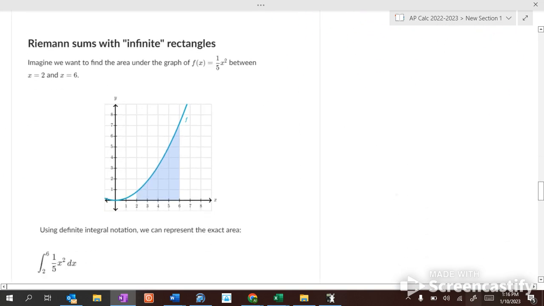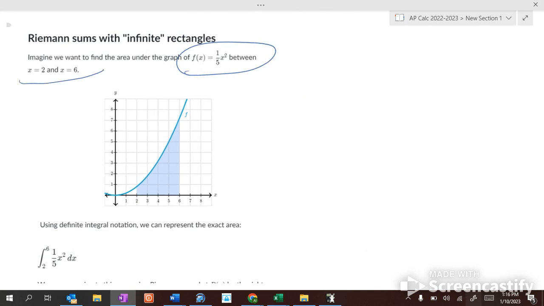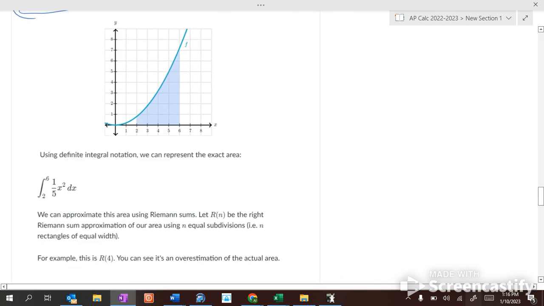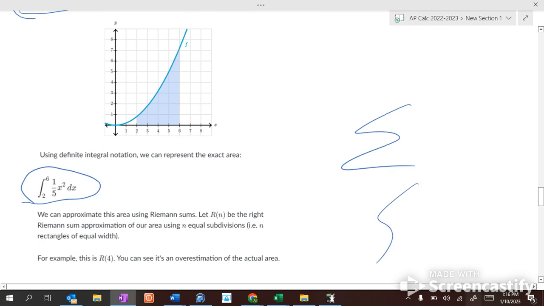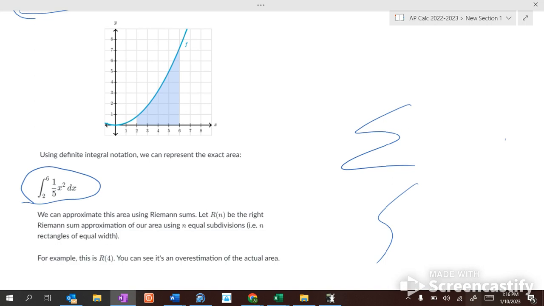All right. So, how does that work with what we're trying to do with Riemann sums? Well, here's a function. If we want to find the exact area under this, we're going to use what is called an integral. Because Gottfried Leibniz, the guy who invented calculus, was using summations, and then he said, I'm going to use this instead of that.